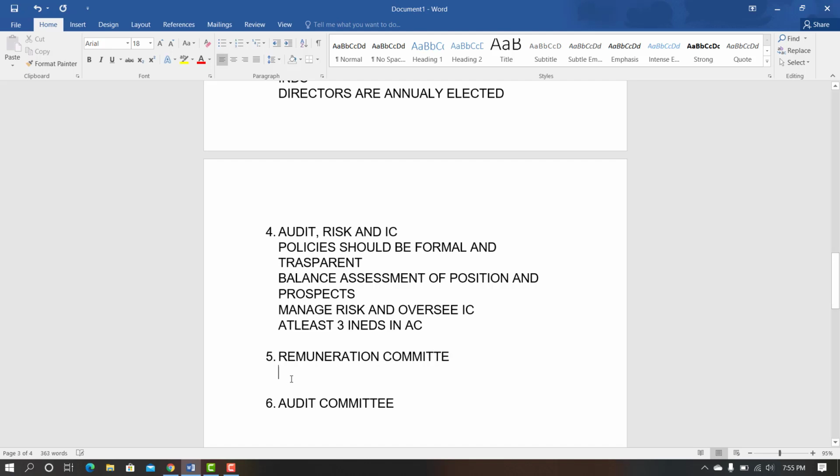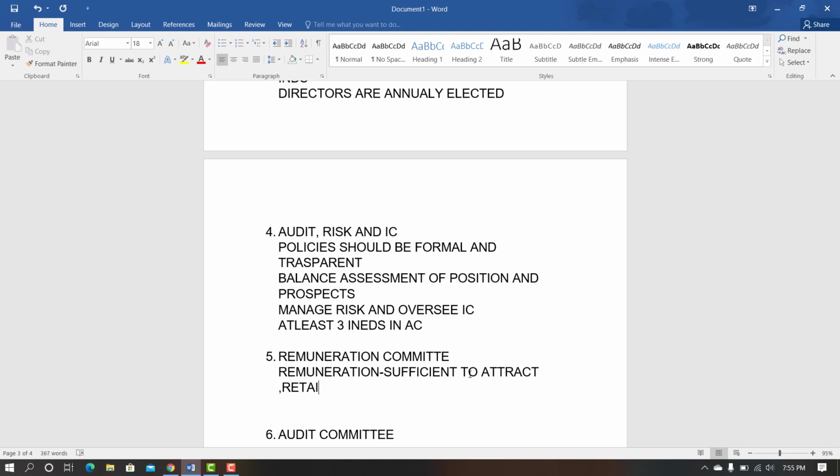So here the level of remuneration should be sufficient to attract, retain and motivate directors of sufficient quality but avoid paying more than is necessary.